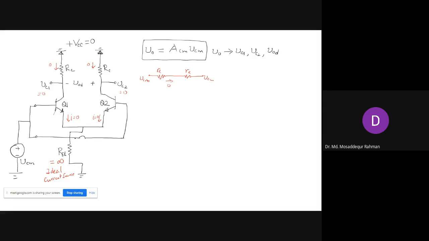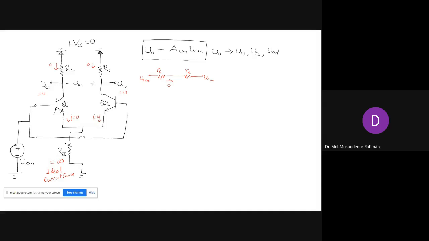So that is how we'll have it if you consider the current source to be a practical current source, not an ideal current source. For the differential gain of the differential amplifier, we did not consider this RE. We assume this is infinite.